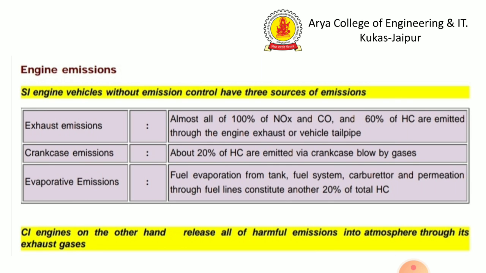Exhaust emissions, comprising 100% of nitrogen oxides, carbon monoxide, and 60% of HC emissions, are emitted through the engine exhaust or vehicle tailpipe, whereas in crankcase emissions only about 20% of HC are emitted, and in evaporative emissions, fuel evaporation from the tank and fuel system carburetors constitutes another 20% of total HC emissions.